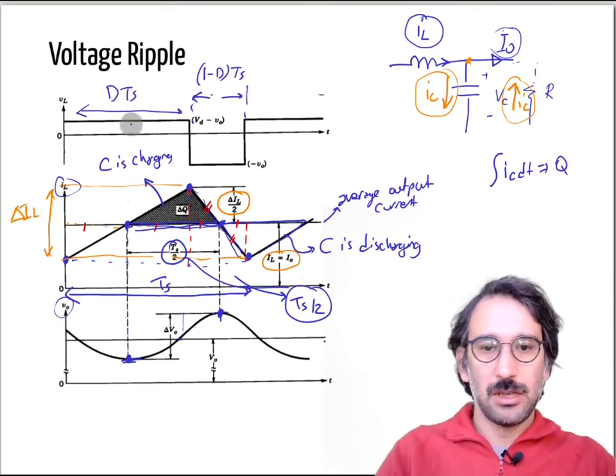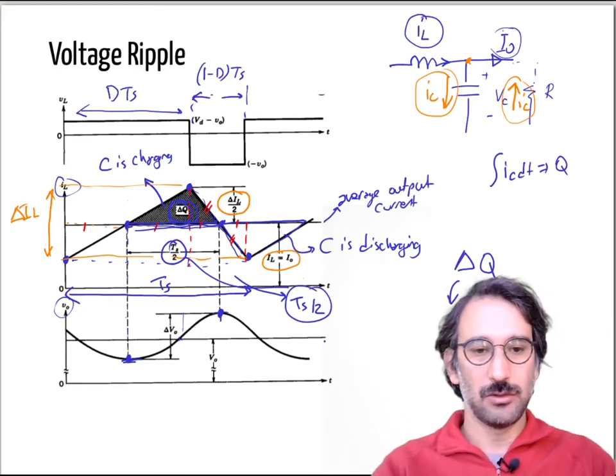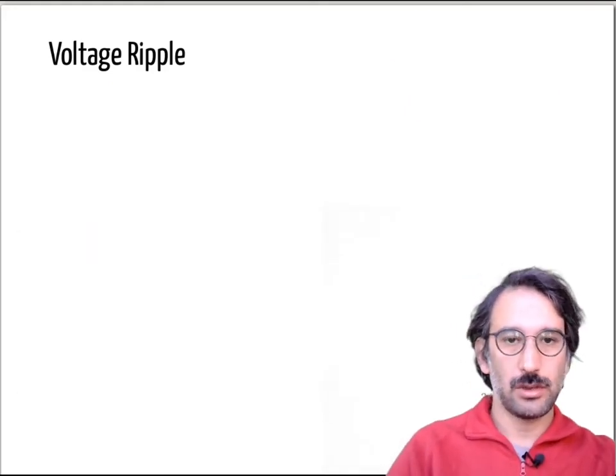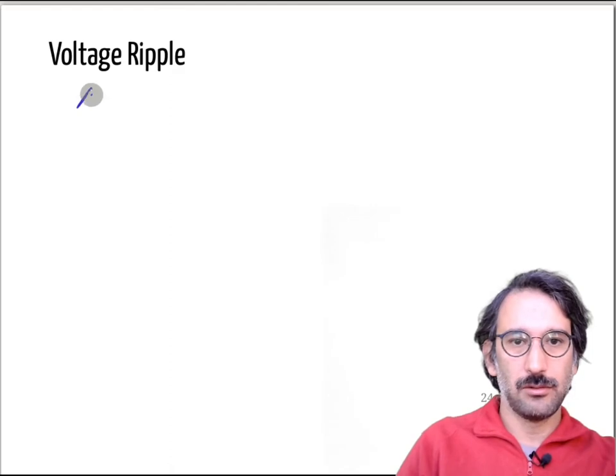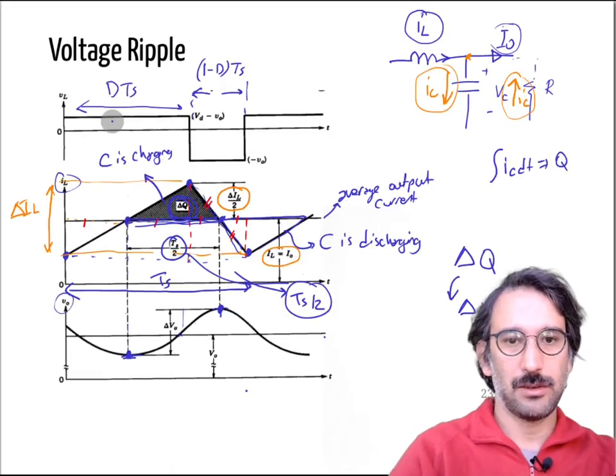Okay, so now how can we calculate that area? I want to find delta Q, and from delta Q I want to find the ripple output voltage. So it is simple. Let's do the calculation. How can we find delta Q?